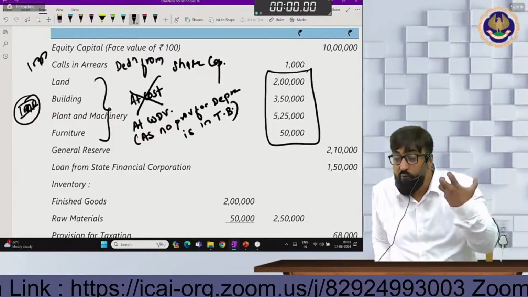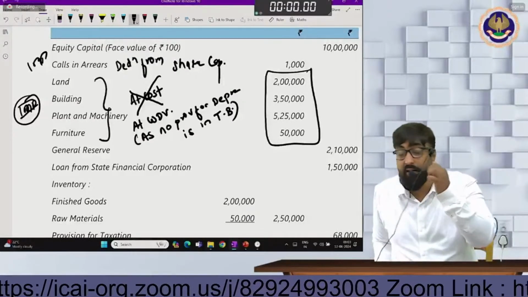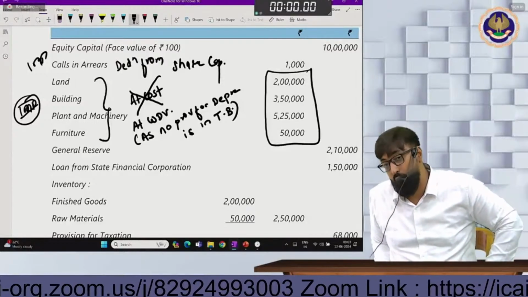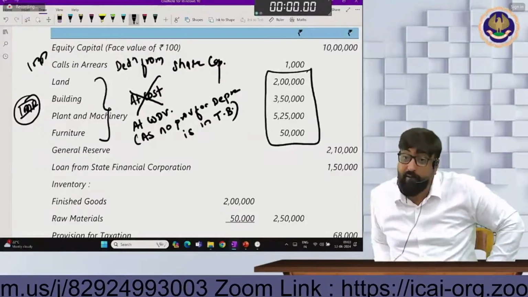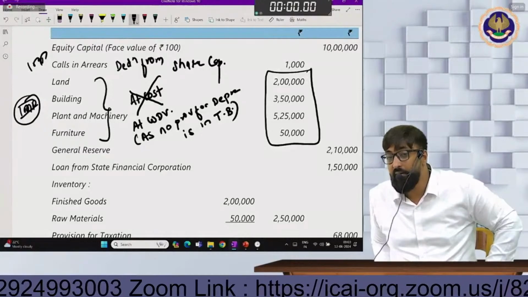So you have to read the trial balance very carefully. Is provision for depreciation appearing in the trial balance? No. So these figures are after depreciation, so at WDV. Correct?